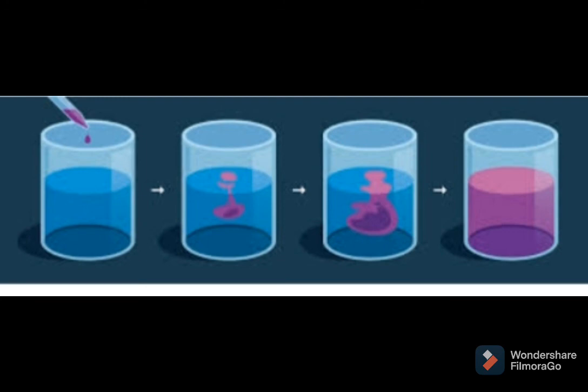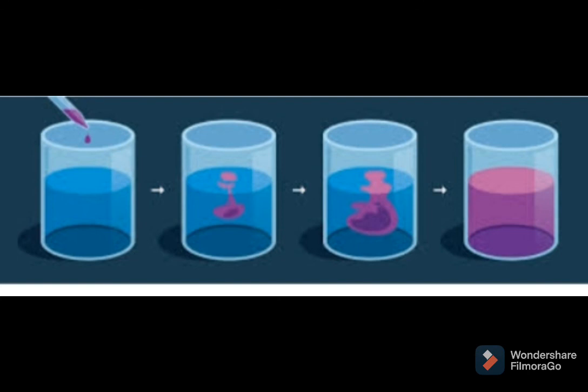This movement is from a region of higher concentration to a region of lower concentration. So diffusion is the movement of any substance, whether solid, liquid or gas, from a region of higher concentration to a region of lower concentration.